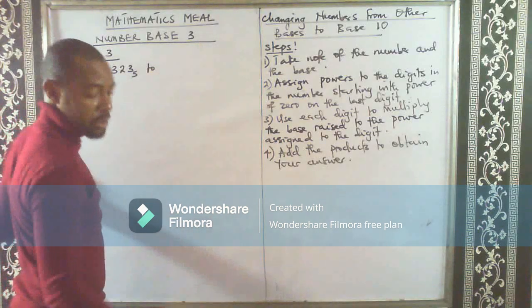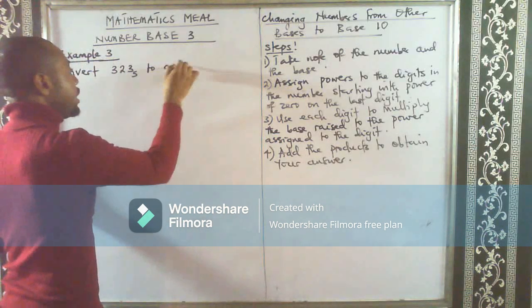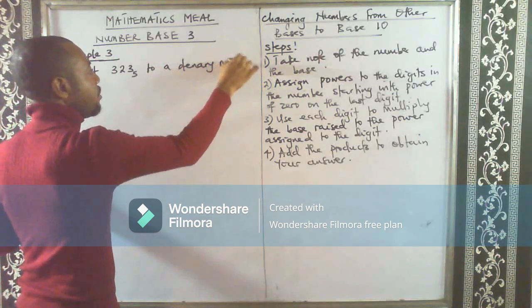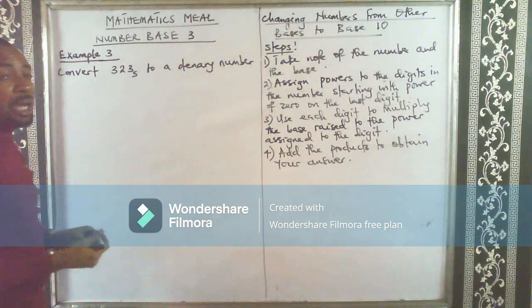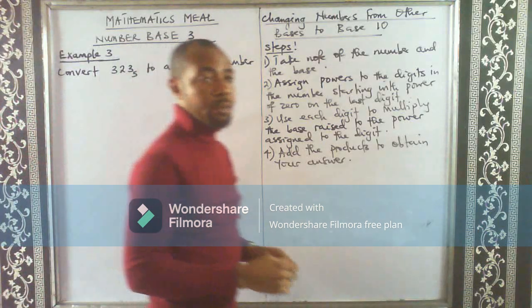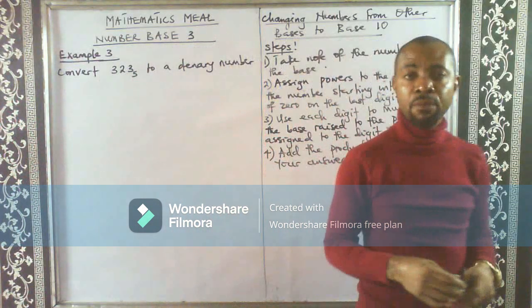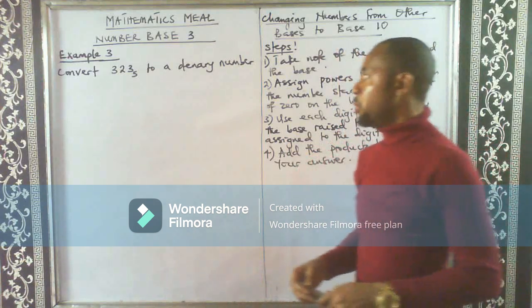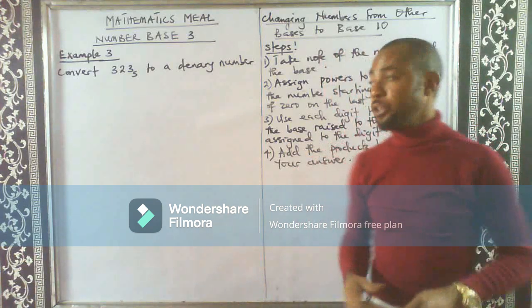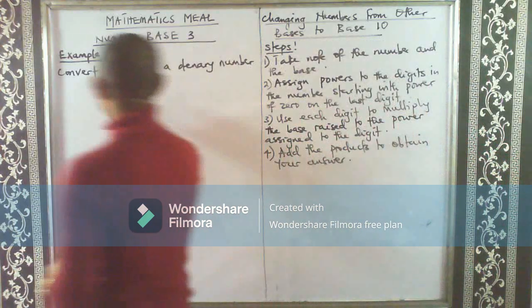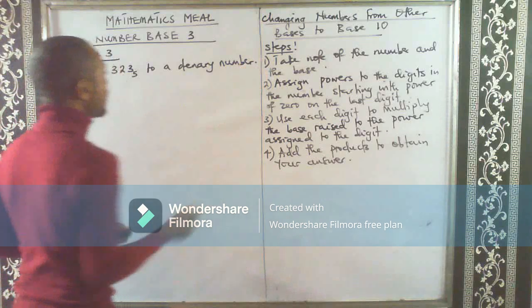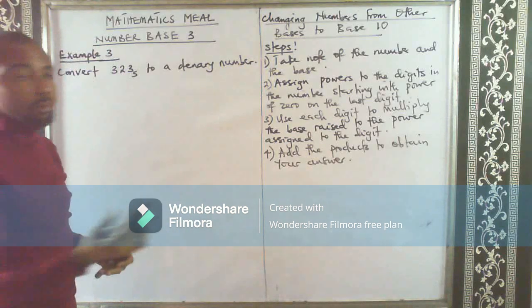Remember, if you don't want to say to base 10, we can say to a binary number. Remember, binary numbers are base 10 numbers. We said that in our first video where we looked at basic terms that are associated with number base. So when we are asked to change a number to binary number, it means that we are trying to convert that number to base 10.